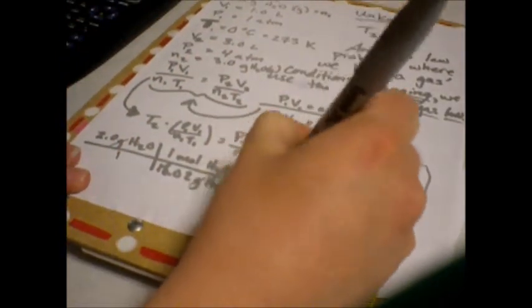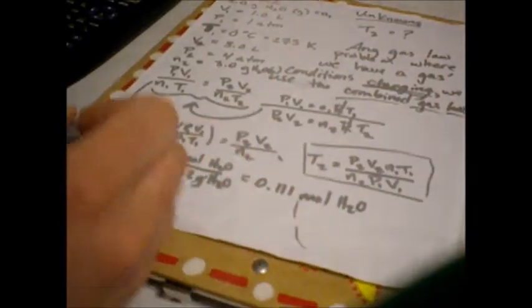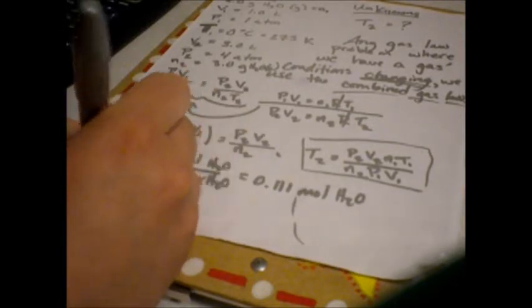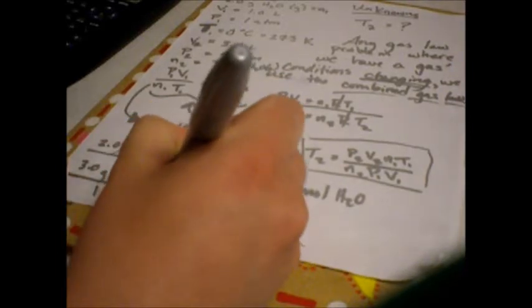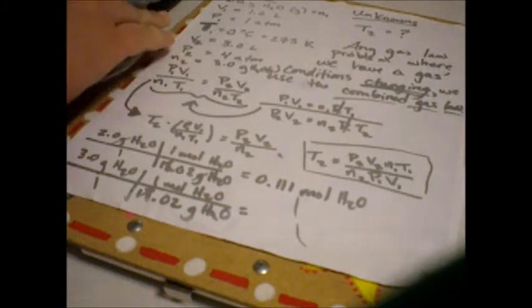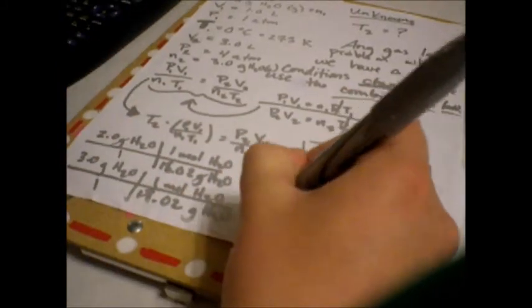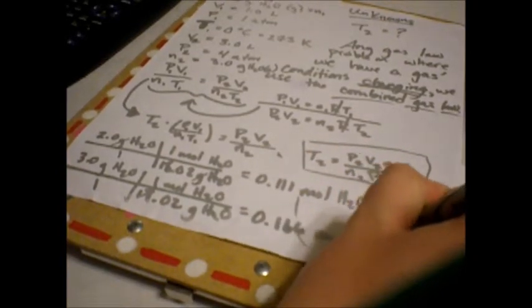And when I put that in my calculator, 2 divided by 18.02, I get 0.111 moles of water, okay? And when I do that for 3 grams, 3 divided by 18.02, we get 0.166 moles of water.